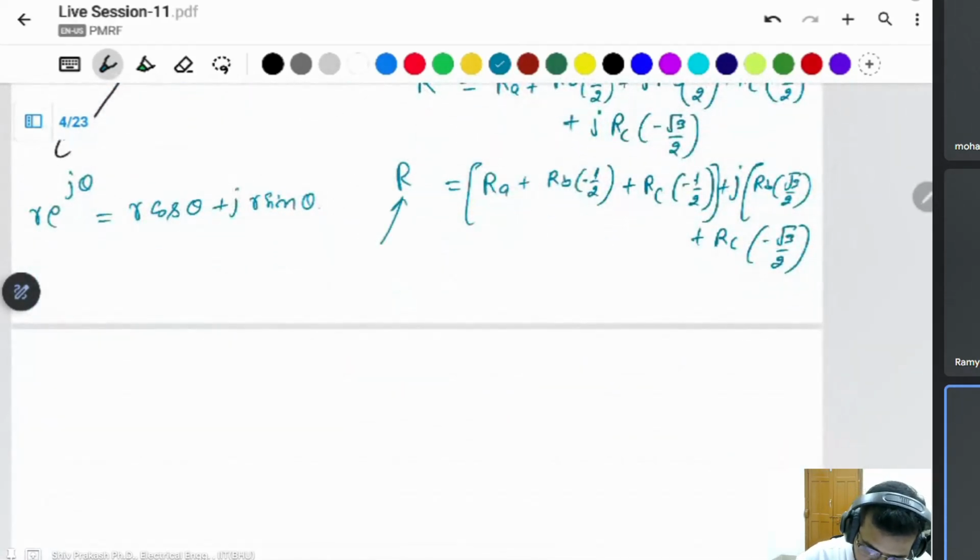Then you can break this magnitude into two terms, R alpha plus j R beta.